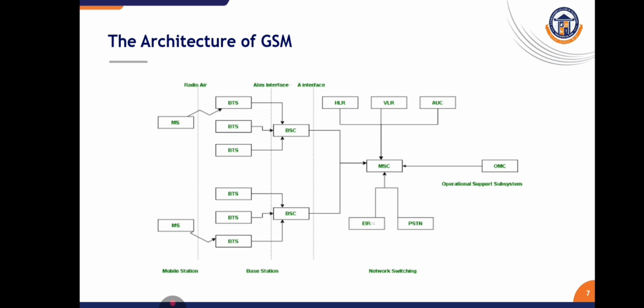We have a mobile station, a base station subsystem with the base transceiver station and base station controller, and the network switching subsystem. We have the home location register, visitor location register, authentication center, the mobile switching center, and the public switched telephone network, and the operational support subsystem.